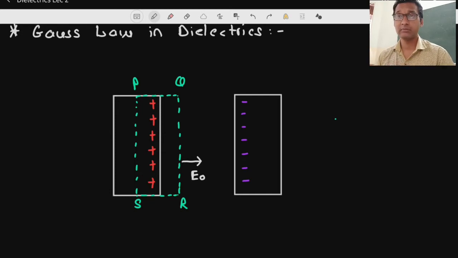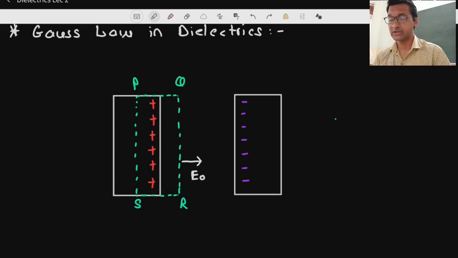Now what if there is a medium between them, for example water or air? Most mediums can be considered dielectrics. So now let us see how to apply Gauss law in the presence of a dielectric medium. For that we are going to consider two plates.